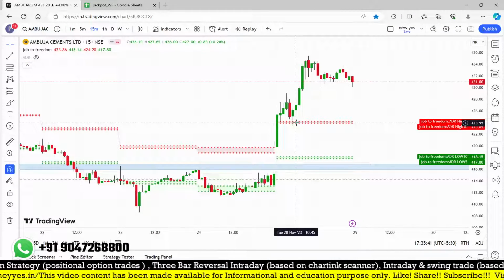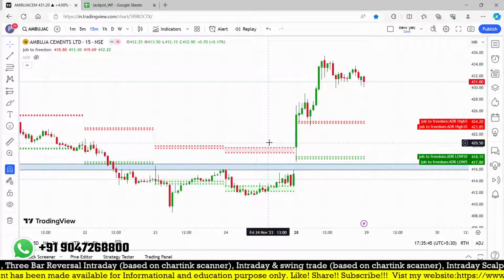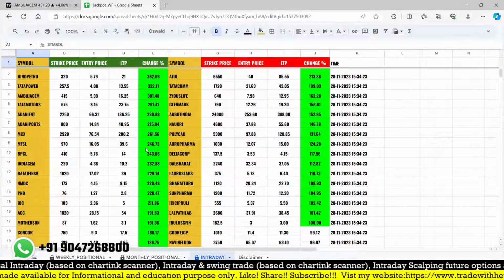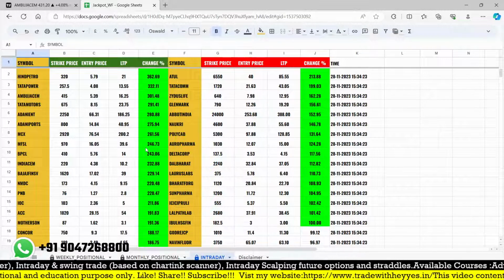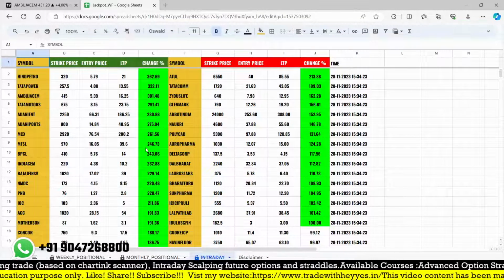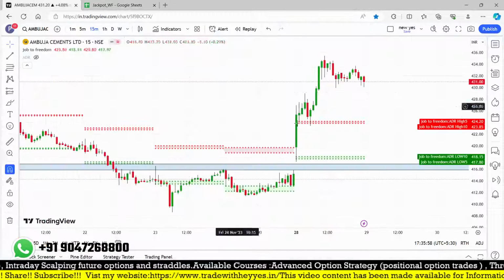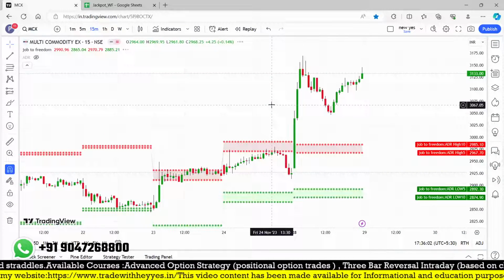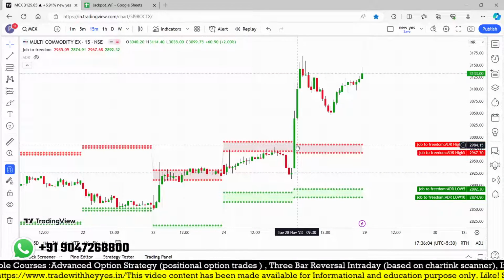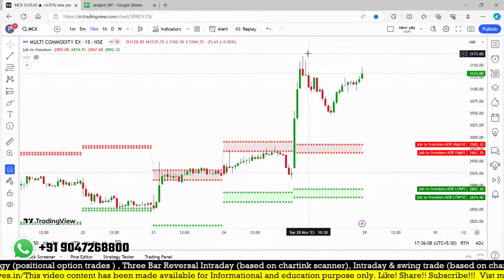Maybe this level we can utilize for a reversal as well as a breakout. I think it is looking good. And if you are finding such a good opportunity, and if at any point of time we are able to create that particular scanner in charting, we can easily find a good opportunity. I think MCX, if we check MCX, MCX also in the first candle had a huge move and gave the breakout, and after that it went up.